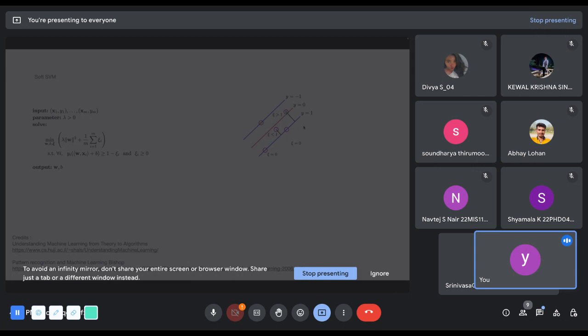Because here it is positively classified, that's why you have assigned a weight of 0. So that's how you introduce these zetas as slack variables. Then you sum them up and minimize this along with your original formulation, and these are your constraints.